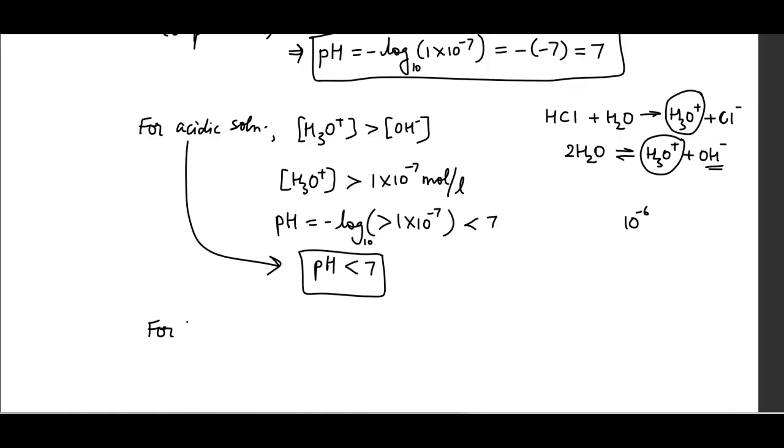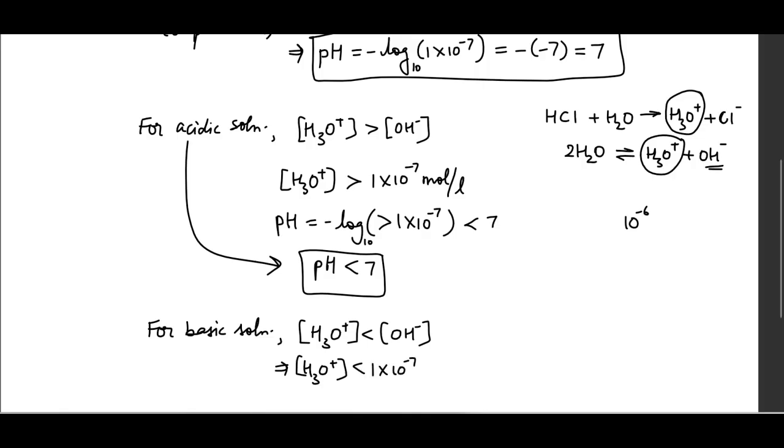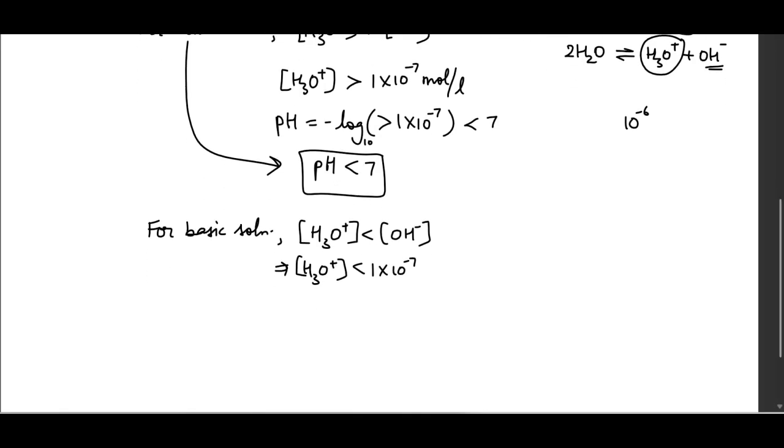And on the other hand, for a basic solution, concentration of H3O plus is less than concentration of OH minus. So that means the concentration of H3O plus is less than 1 into 10 raised to minus 7, and pH is nothing but negative log of a figure which is less than 1 into 10 raised to minus 7.